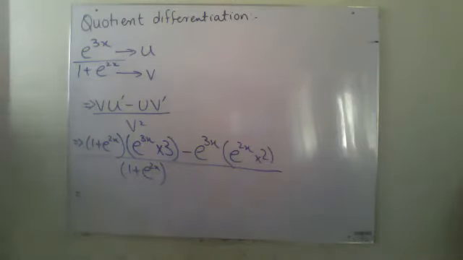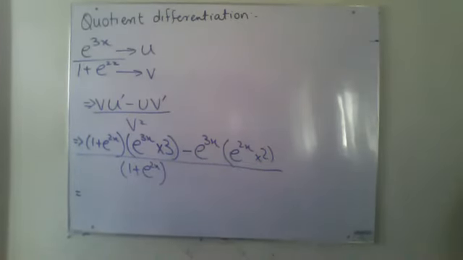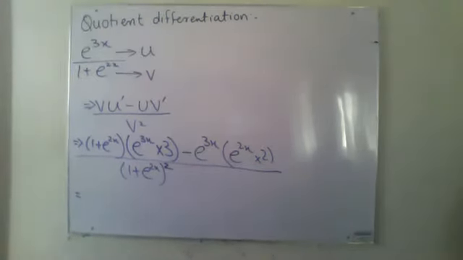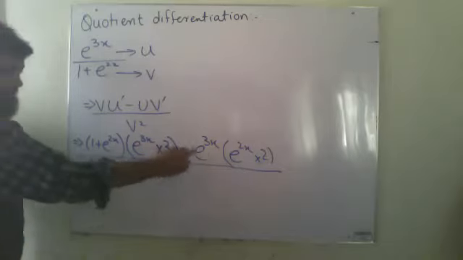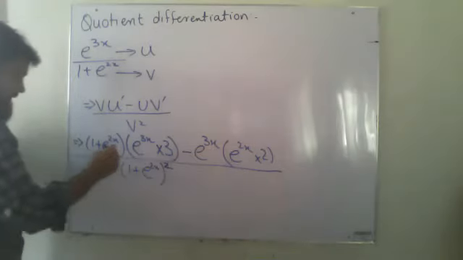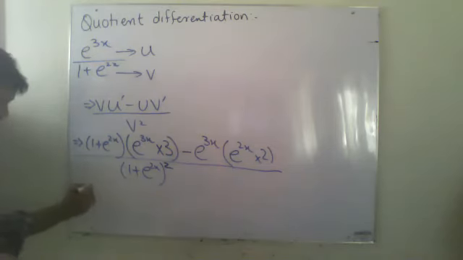Now see. Now simplifying it, so you can see e^(3x) is in multiple form with both of them. So I'm going to take out e^(3x) as a common.